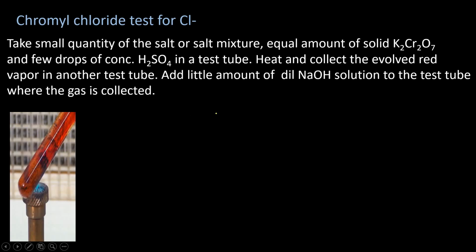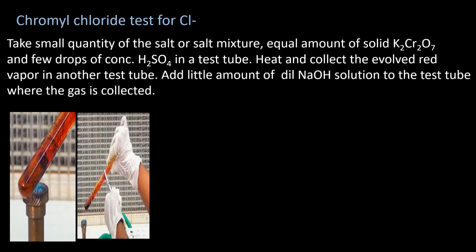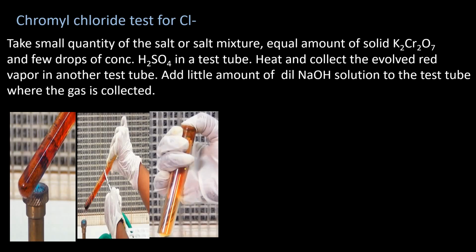See what is happening. So you are heating the salt plus potassium dichromate plus concentrated sulfuric acid. You will get this red vapor, and then you take another test tube and hold it at the mouth of this test tube in the inverted position to collect the gas. So you have collected the gas.